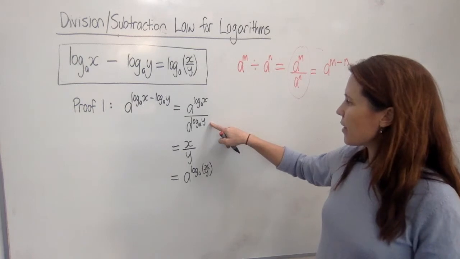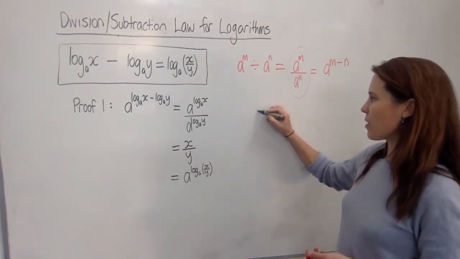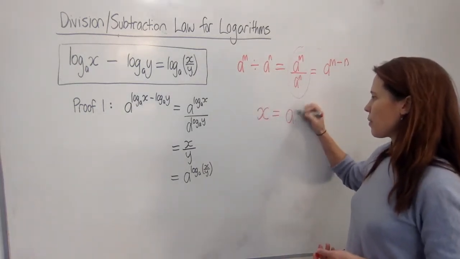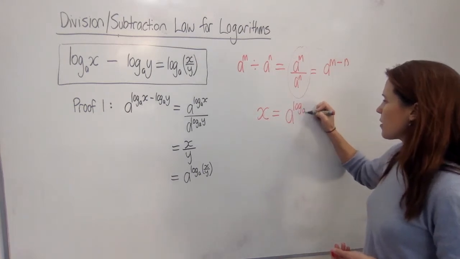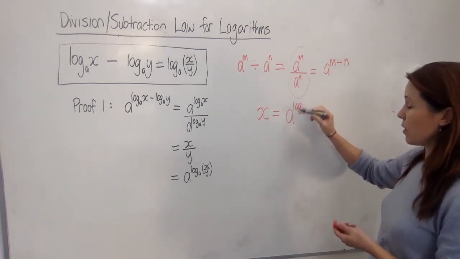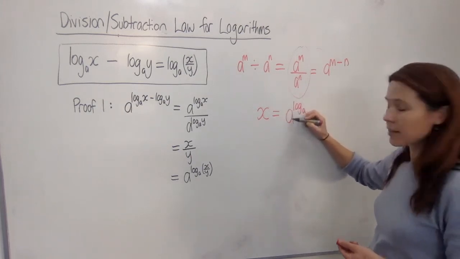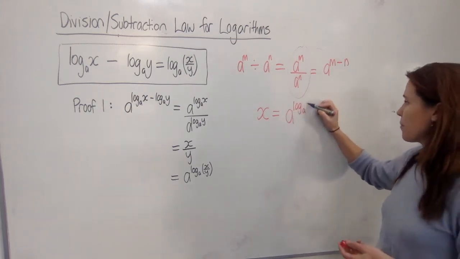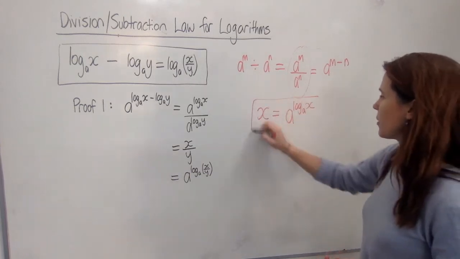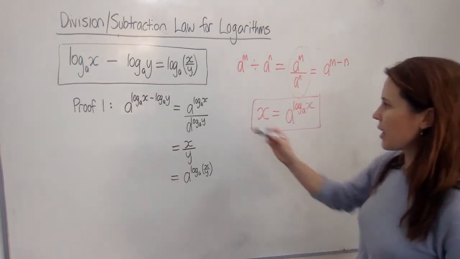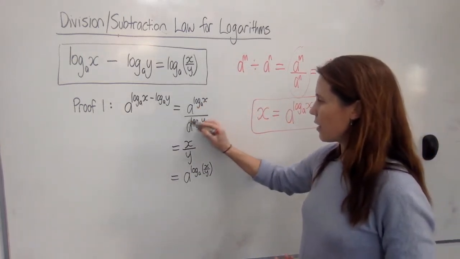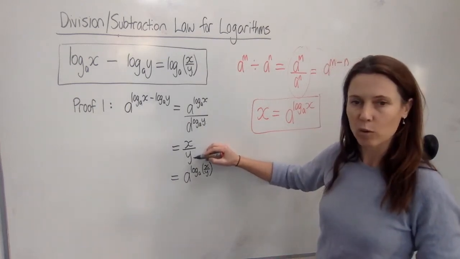From there we can say, well, we know the law that says you can rewrite any number as a power of something, as long as it's something to the power of a log, where the base of the index number and the base of the log are the same. So we can rewrite something like that. We know this rule. So I've basically taken this and said, that's just x and that's just y, so we'll rewrite it more simply.